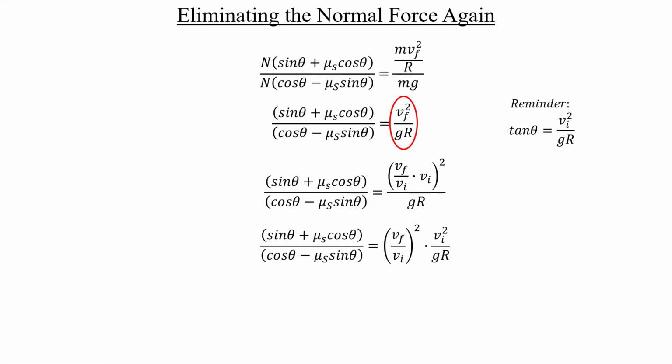And now I'm left with what's exactly the same form as our reminder up here. Okay, so that's cool. And our reminder says that this part is equal to the tangent of theta. So let's make that change.